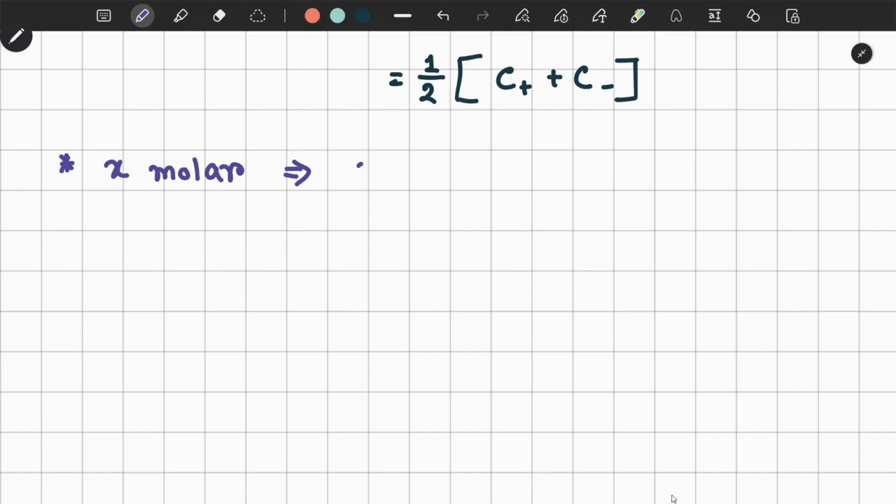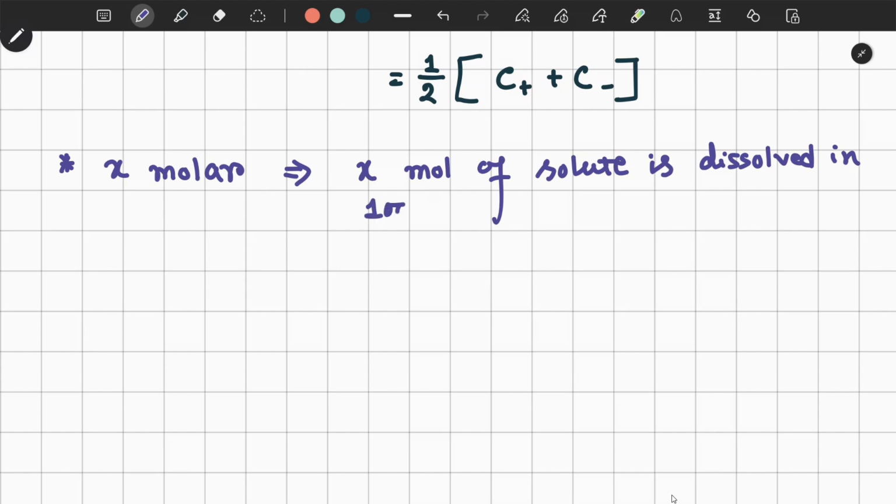If it is X molar, it means X mole of solute is dissolved in 1000 ml of solution.